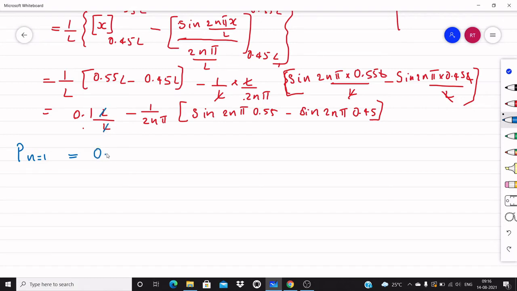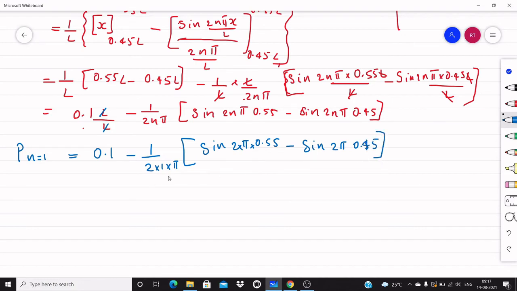So first term is 0.1 itself minus 1 by 2 into 1 into pi, then sine 2 pi into 0.55 because n equal to 1 here, minus sine 2 pi into 0.45. So if you apply the values and calculate, you are going to have the value for n equal to 1 like this.